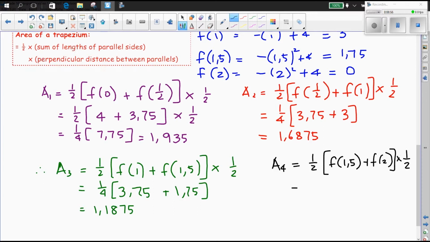So a half times a half gives me a quarter. The y value at x equals 1.5 is 1,75. The y value at x equals 2 is 0. And this gives me 0,4375.